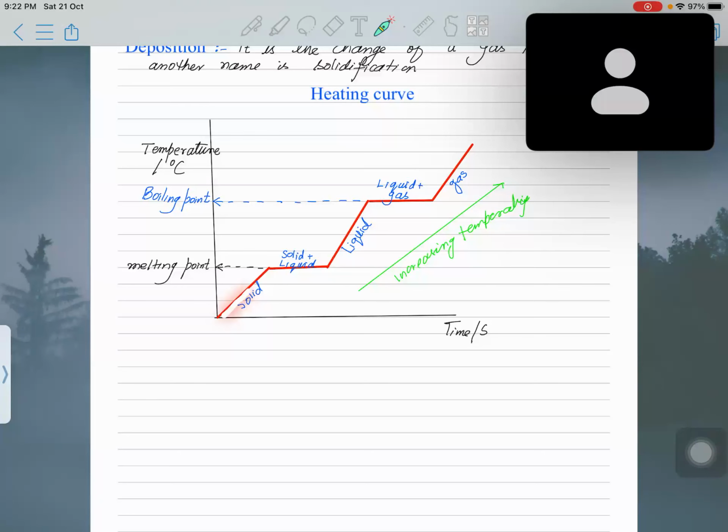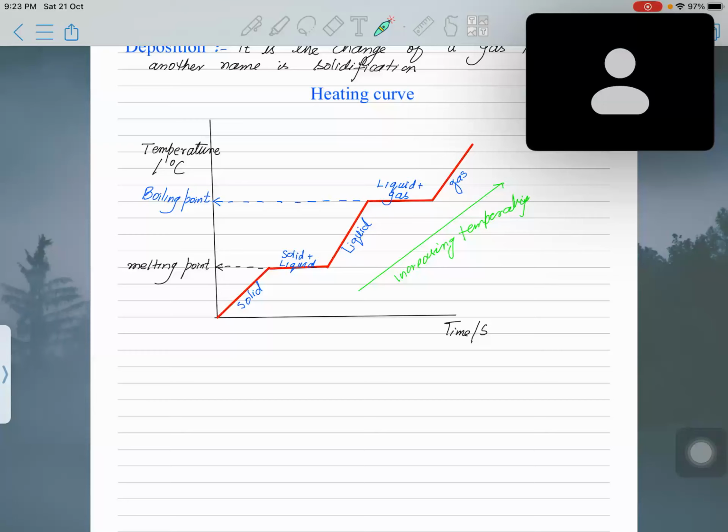Now listen, here we have solid. In this duration, temperature remains constant, but you still provide energy. So my question is, where is this energy utilized?